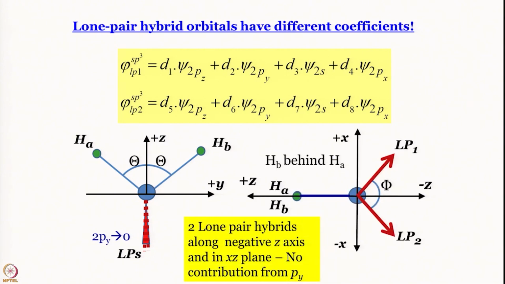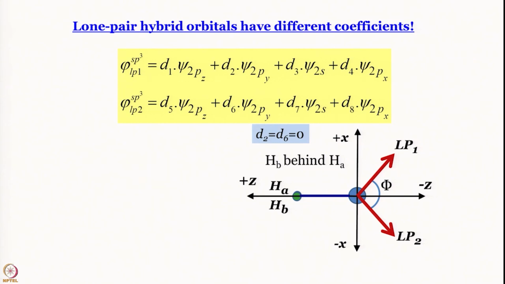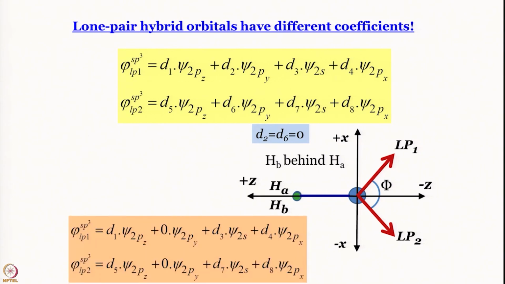Okay. This is a different perspective of showing the same thing. What do we not know? We do not know this capital phi, we do not know the angle. So, as we are saying, d2 equal to d6 equal to 0, fine, that is very simple. What more can we do? First of all, let us write the expressions with d2 and d6 set to 0, this is what you get.